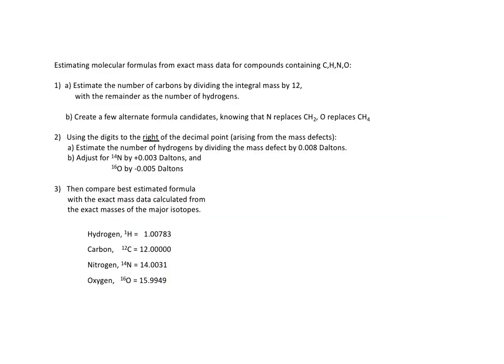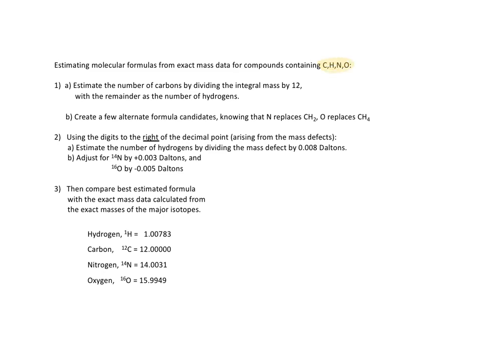Although there are computational programs that will generate many possible formula from exact mass data, I'll share with you a simple way of estimating molecular formulas for organic compounds, particularly those that contain carbon, hydrogen, nitrogen, and oxygen.